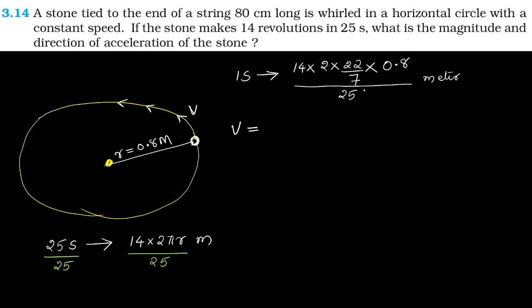Let me complete it. After that you can ask me doubts. 7, 14, 2 you will get. Then let me do the multiplication. Calculation I don't want to discuss. 2 into 2, 4. 4 into 22 into 0.8 divided by 25.